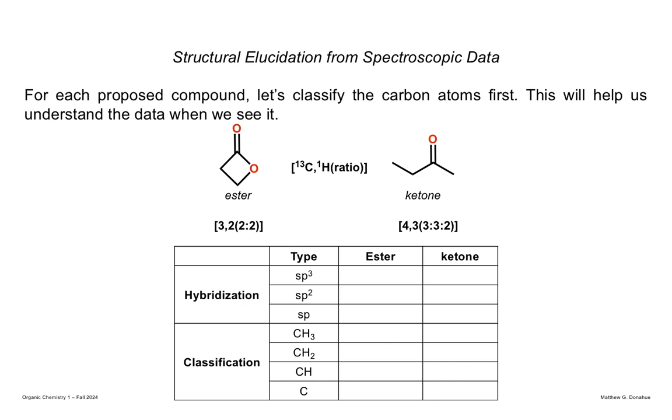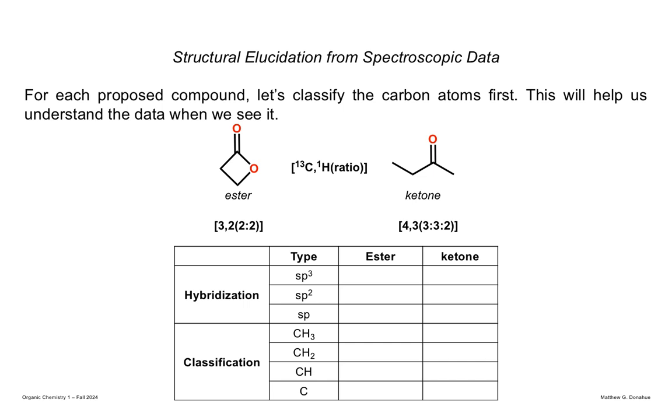So we'll just fill this table out on this slide, but the subsequent slides break it down into individual questions. In the table, we'll look at hybridization for the ester, then the ketone. All we're going to do is put those numbers in there.